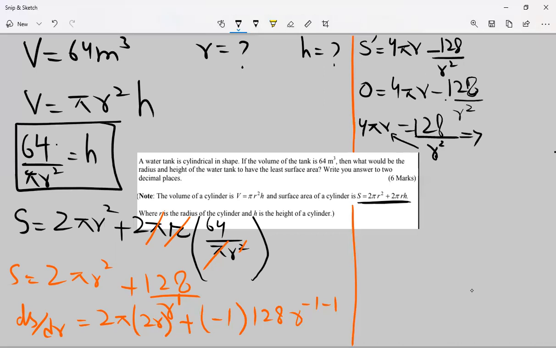Here it will become R cube is equal to 128 divided by 4 pi. Just calculate the value and then the cube root. I'm dividing 128 divided by 4 multiplied by 3.142. It will become 10.184.